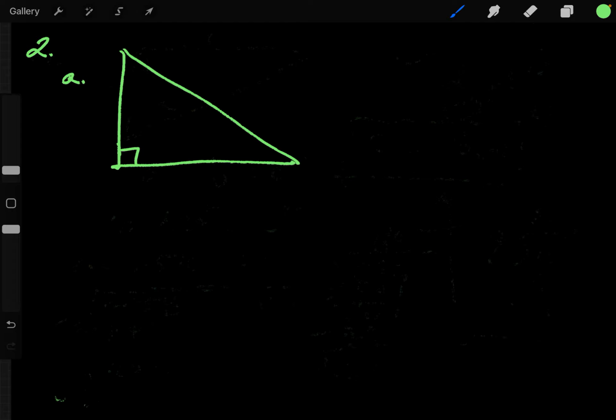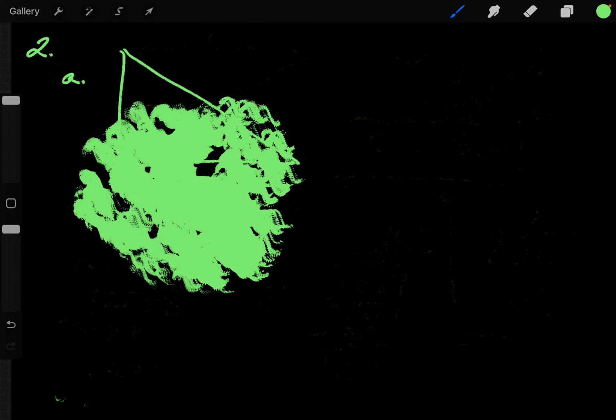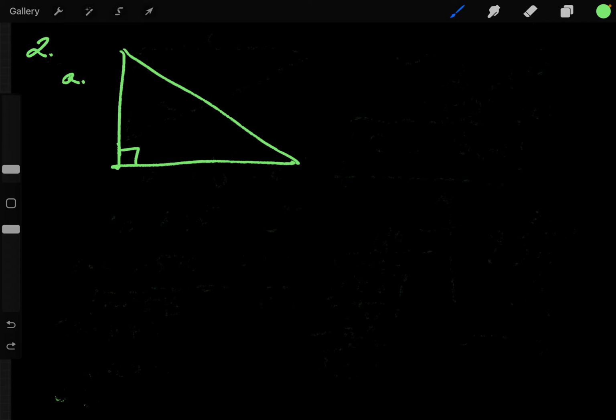So let's say I have that this is x, this is x plus 7, and then this will be x plus 8, and your goal is to solve for x, right?